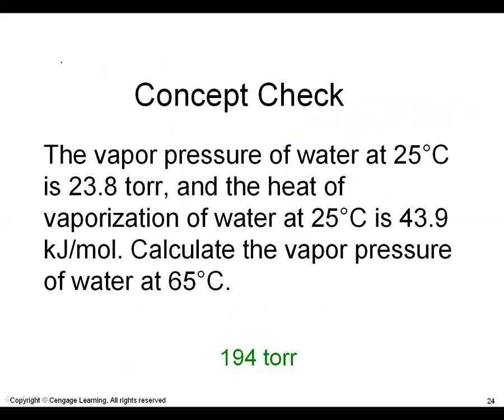We could use the formula we saw on the previous page: the natural log of the pressure at T1 over the pressure at T2 equals delta H of vaporization over R, times 1 over T2 minus 1 over T1.